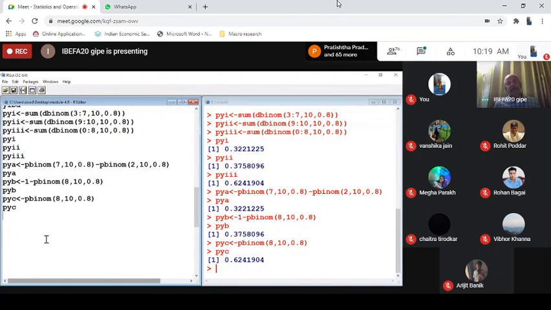Same answer you got. Same answer you have. Therefore, D binomial, P binomial and sum helps to evaluate various probabilities.